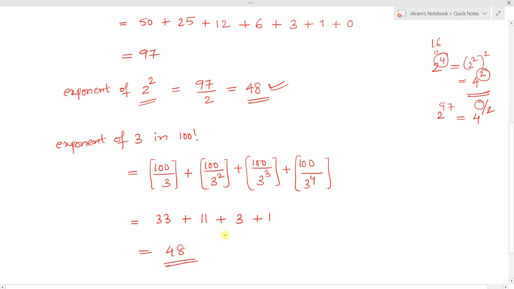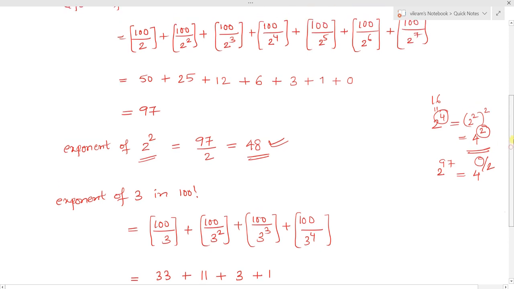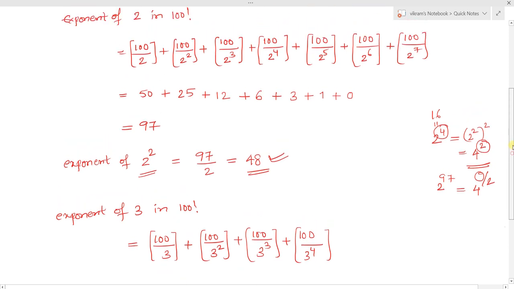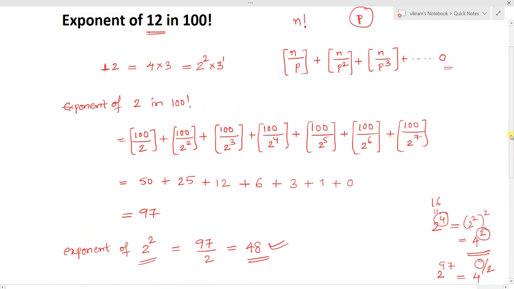Now how to find the exponent of 12? Here we need to find the greatest integer of the exponent for 12. The power of 2 square is obtained as 48, and the power of 3 is also obtained as 48.